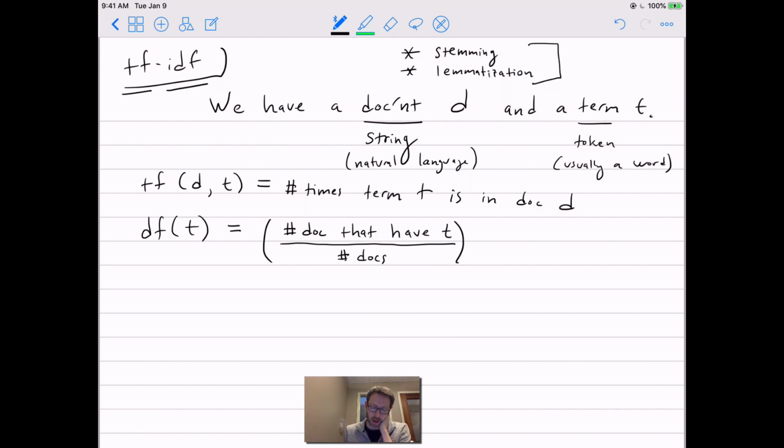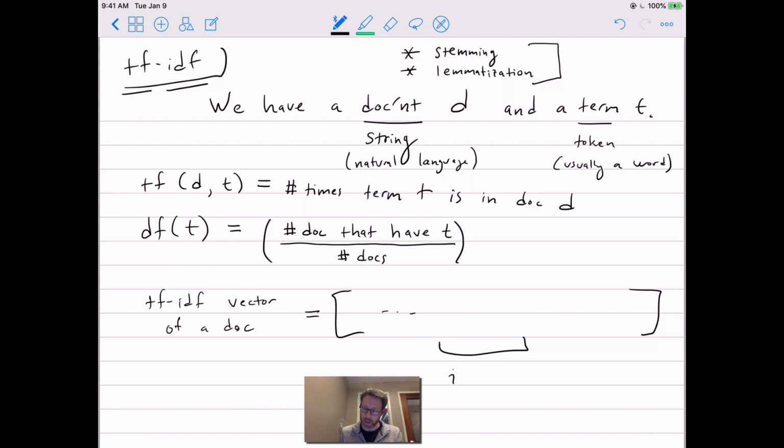And the Tf-Idf vectorization, or the Tf-Idf vector of a doc, is going to be a vector. So let's say this is the ith coordinate of that vector. I'm not writing all the coordinates, I'm just going to write one example coordinate to show you the idea. The ith coordinate here is for the term or the word T sub i. For example, that might be the word pizza.